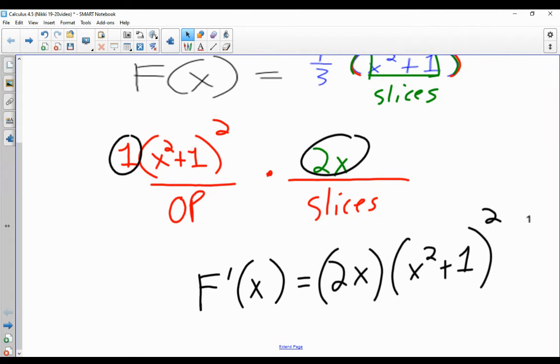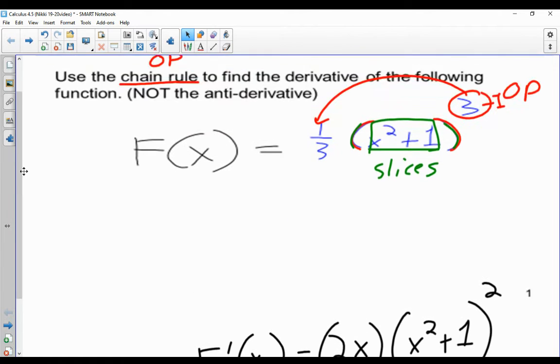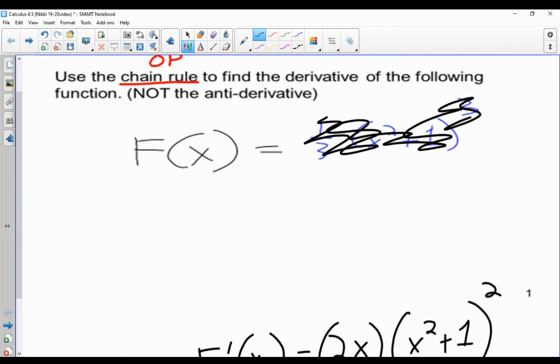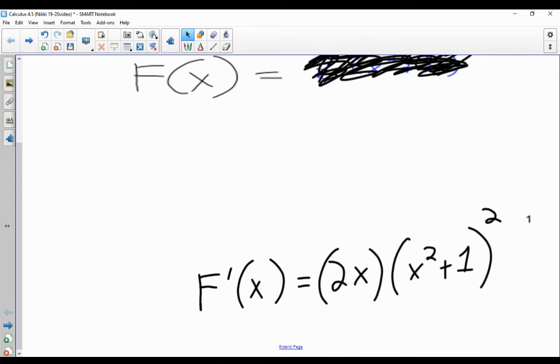But now I got a question for you. What if all of this was not here? Basically, what if I gave you this at the beginning and I told you to find the original?